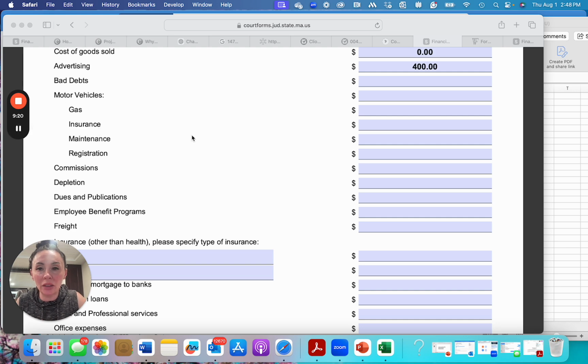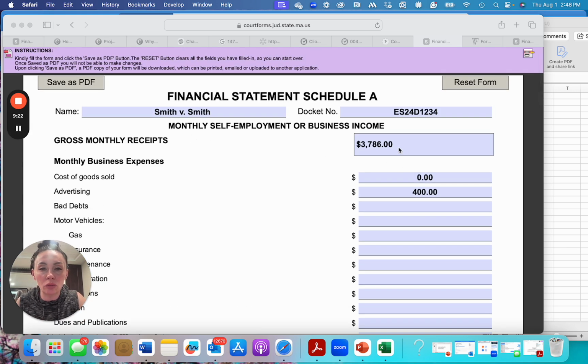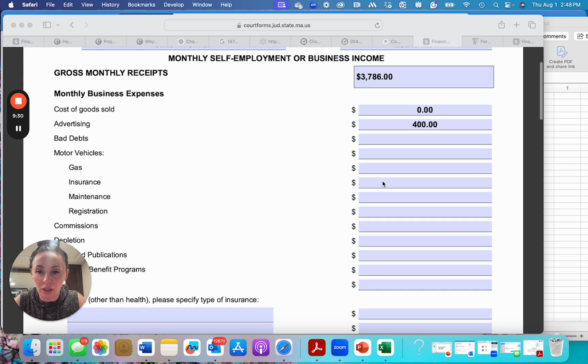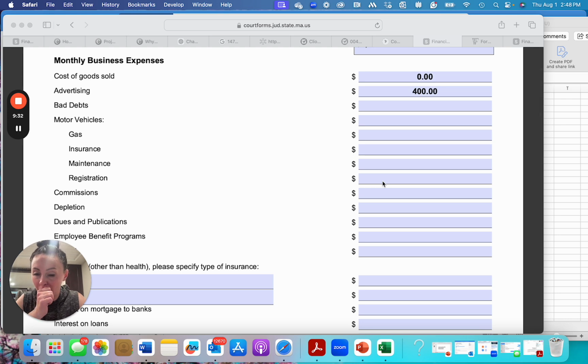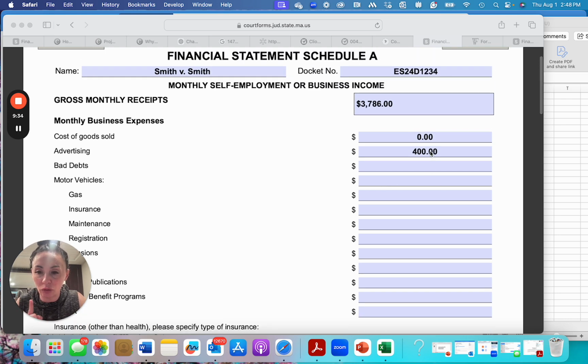If you're calculating your gross monthly receipts based on money that's owed to you, that is different. If you have a whole bunch of people who have not paid, that affects your receivables. So that is something to be mindful of. In our example today, I'm a pizza shop. I don't have receivables. People pay me for the pizza when I give it to them. So there are no bad debts here.